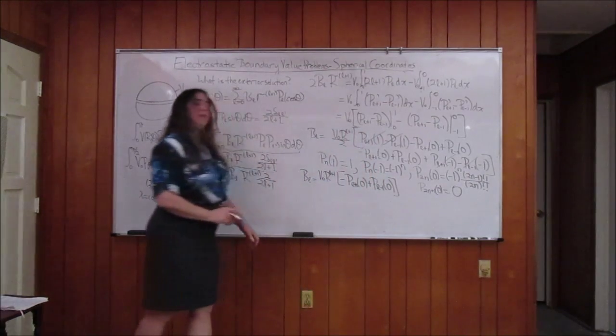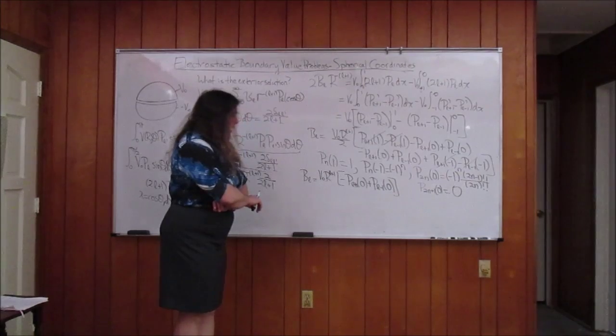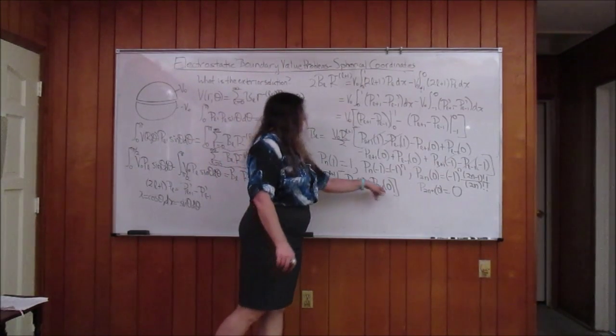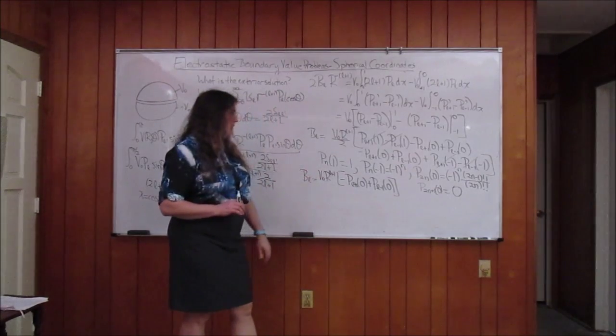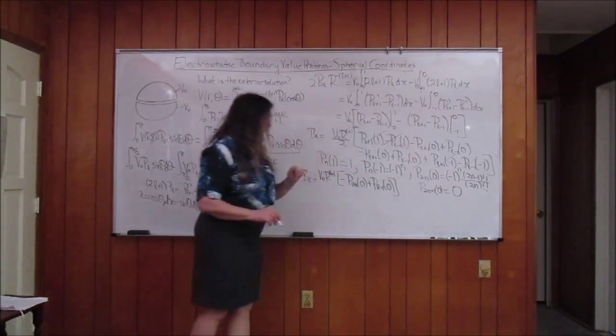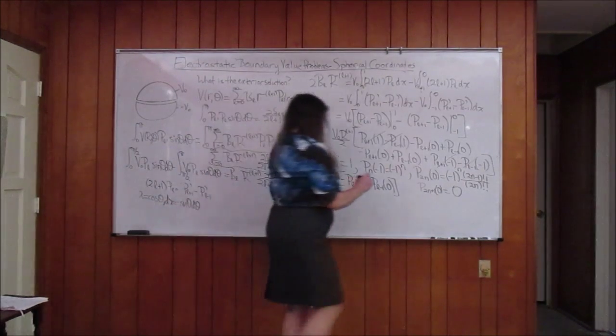So I need to evaluate this, okay? So if L plus 1 is odd, which would mean L minus 1 is odd, those will vanish. So the only way this will be non-zero is if L plus 1 is an even number.